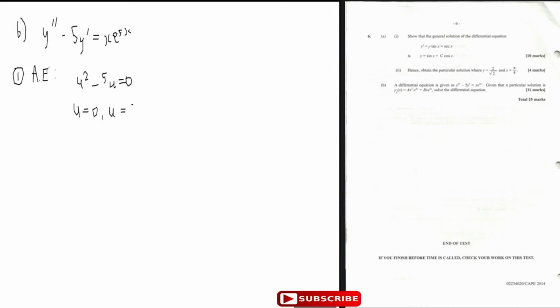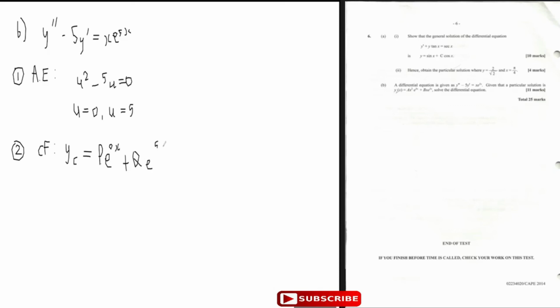Once you get the roots of the auxiliary equation, step 2 allows you to find the complementary function. So the complementary function, generally you see people call it y_c. It is equal to P e to the u1 x, so it's going to be P e to the 0x plus Q e to the 5x.